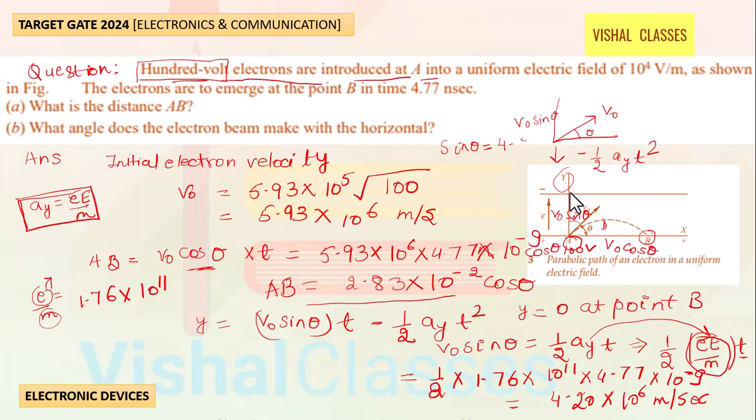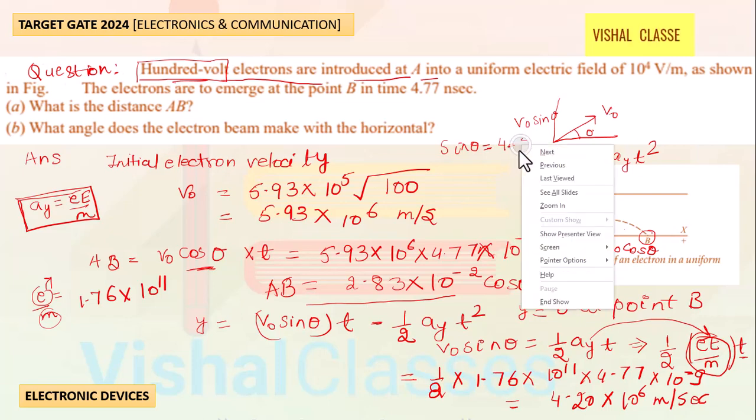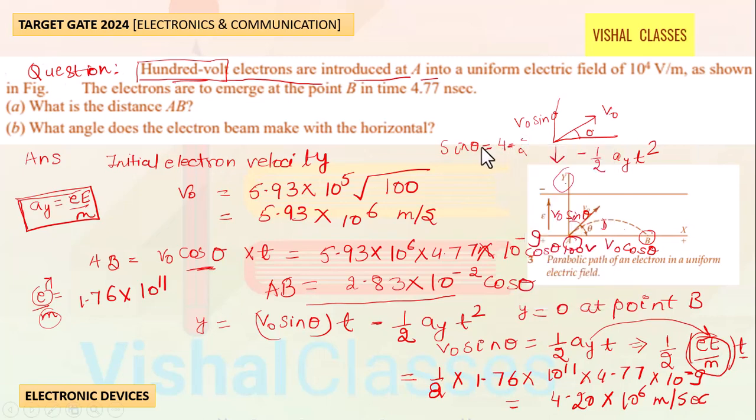Sine theta is y by x, and y by x means 4.20 into 10 raised to power 6 divided by AB. The AB value we have calculated is 5.93 into 10 raised to power 6.